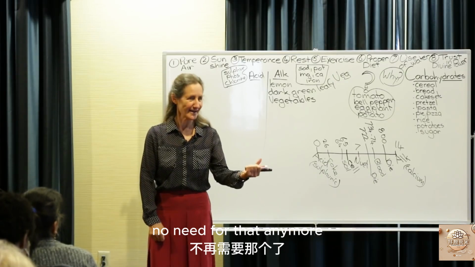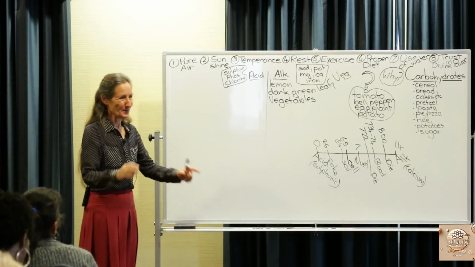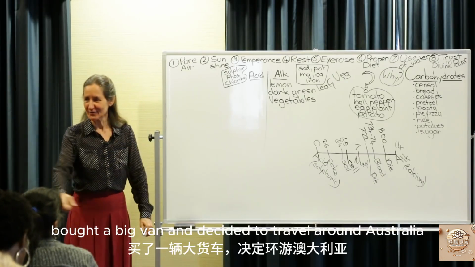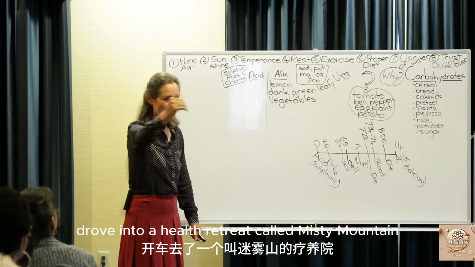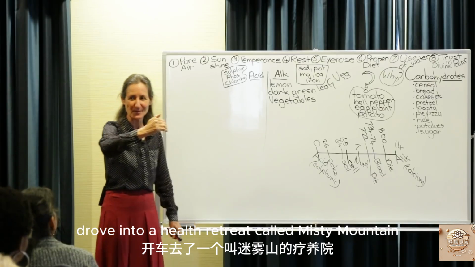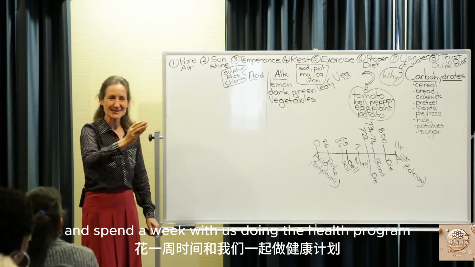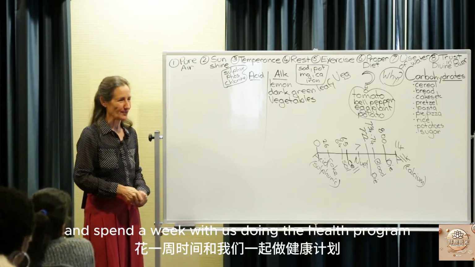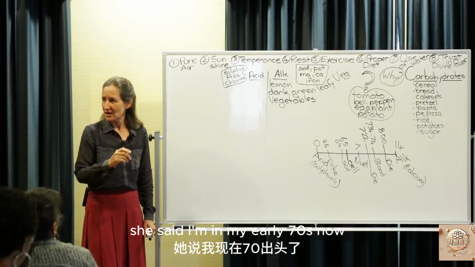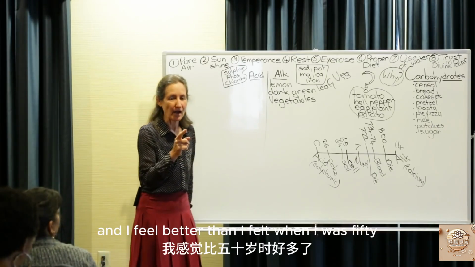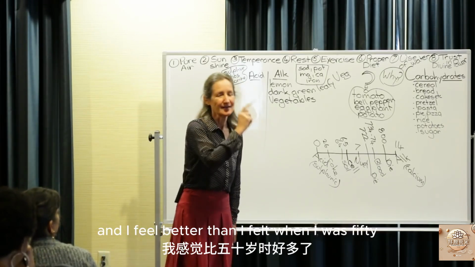No need for that anymore. Bought a big van and decided to travel around Australia. Stopped halfway up the east coast, drove into a health retreat called Misty Mountain, and spent a week with us doing the health program. You couldn't stop the smile on that lady's face. She said, I'm in my early 70s now and I feel better than I felt when I was 50.